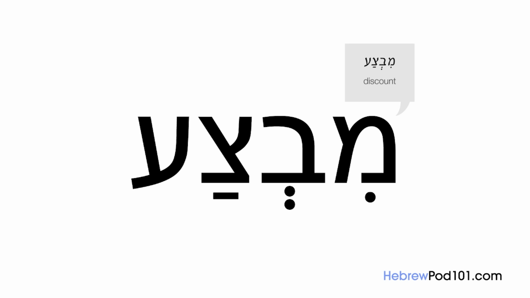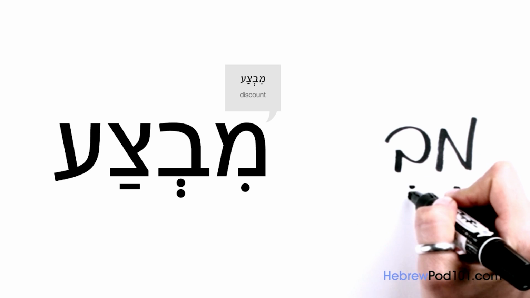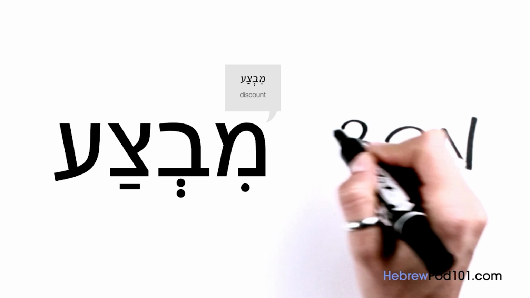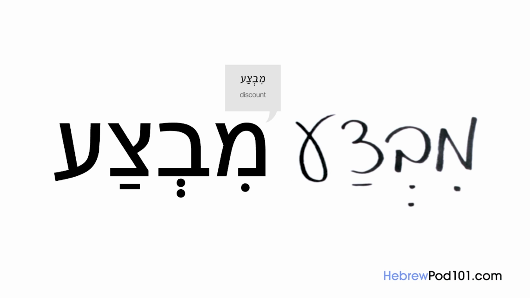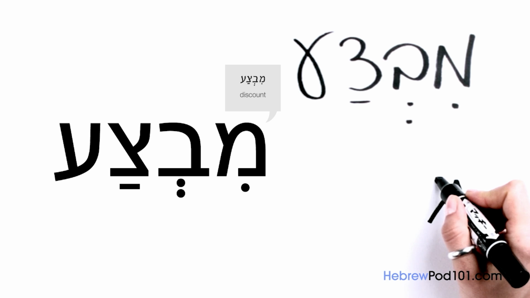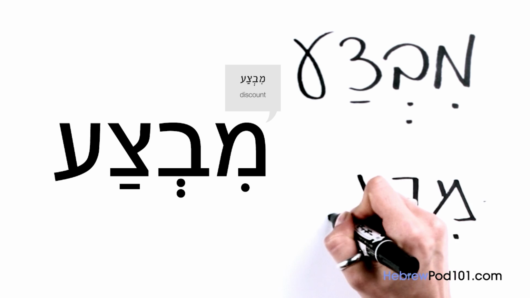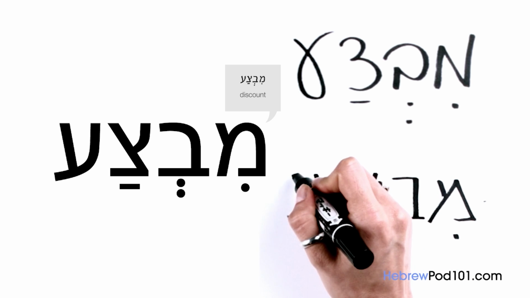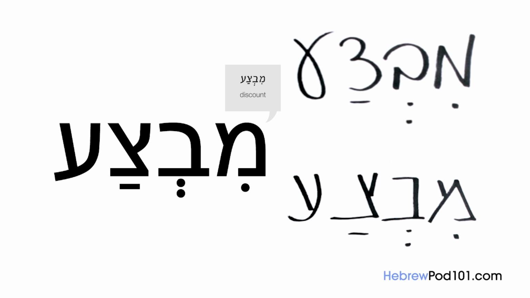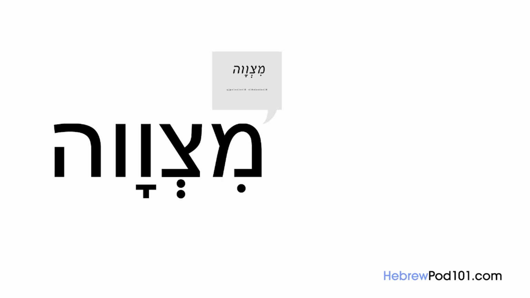You will see this word a lot in shops and markets in Israel. In print, it looks like this. And mitzvah is a good deed, a virtue, or a precept.